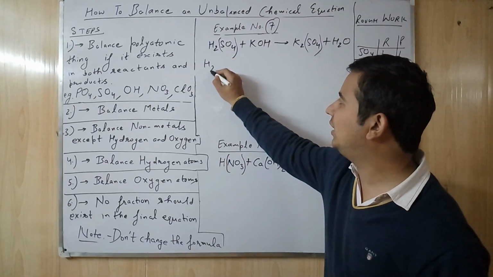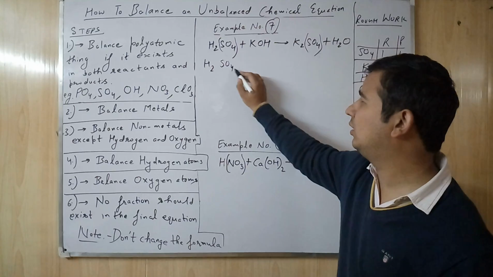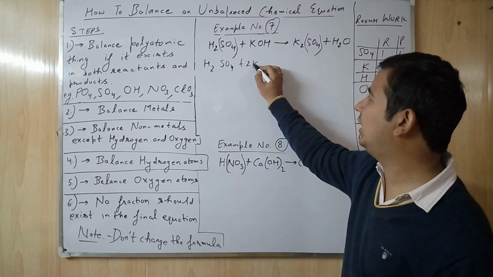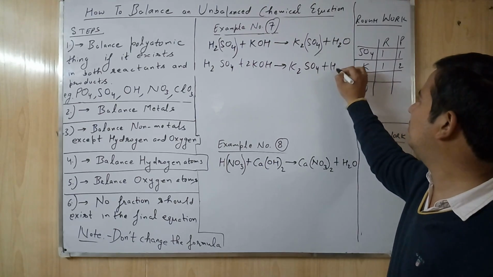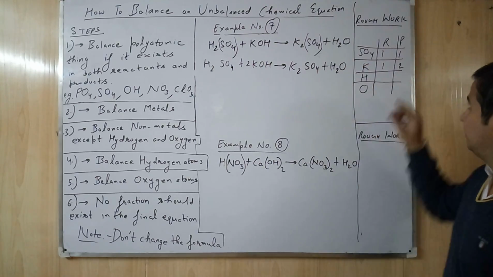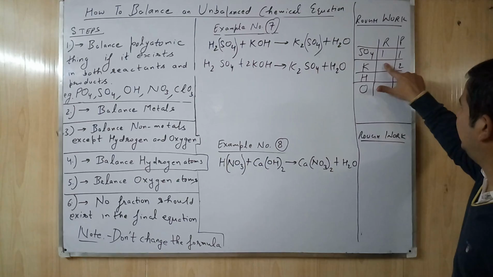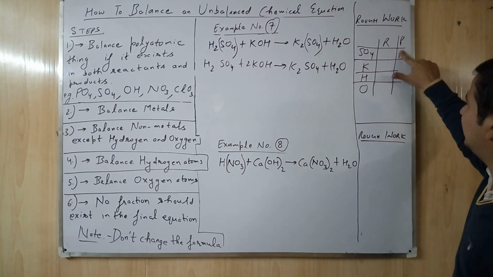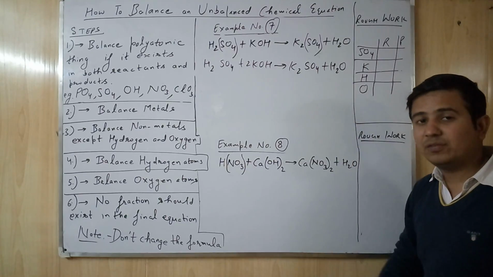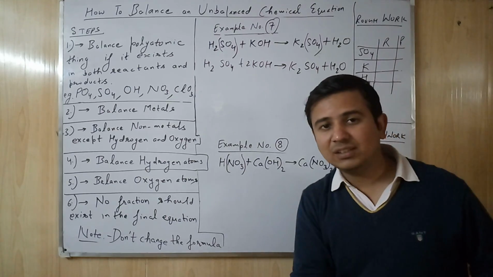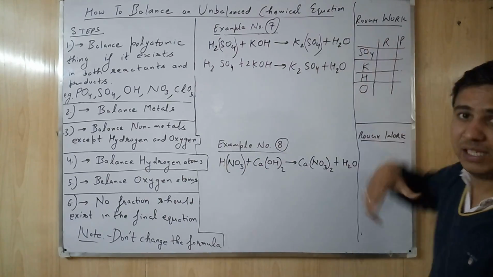So let's update the equation. H2SO4, now I will not use the bracket, plus 2KOH gives you K2SO4 plus H2O. Okay. So now let's verify again from the very starting. This is a very important step. Please verify from the very starting, as you have seen the importance in my previous lecture of why this particular step is important.